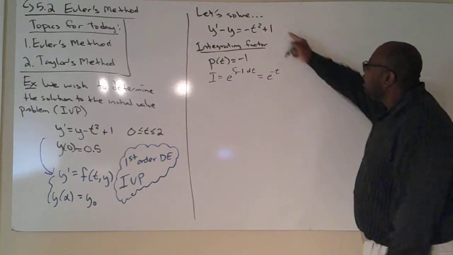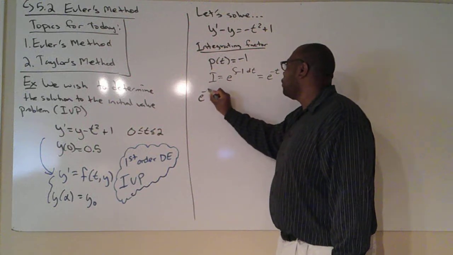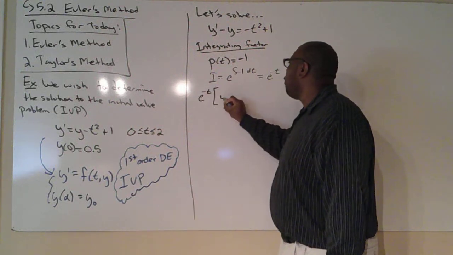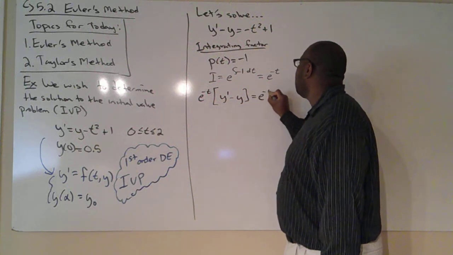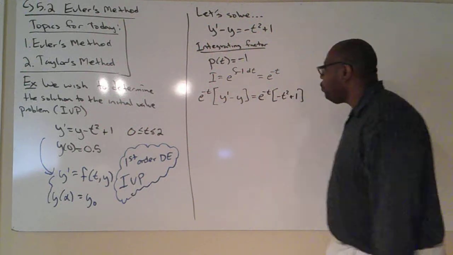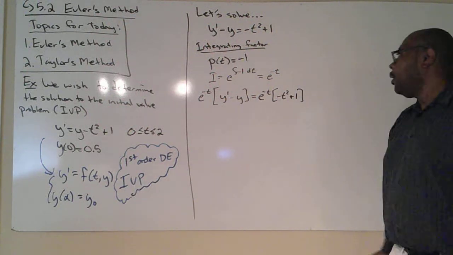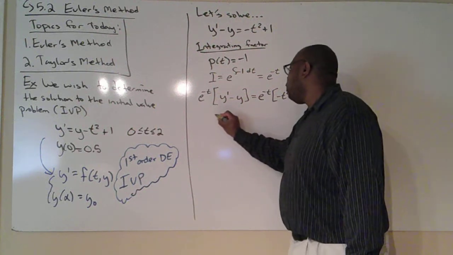I'm going to multiply this differential equation on both sides by the integrating factor. So that y prime minus y becomes e to the negative t times negative t squared plus 1. And then I can multiply through if I want to.